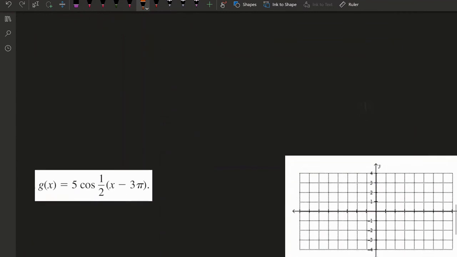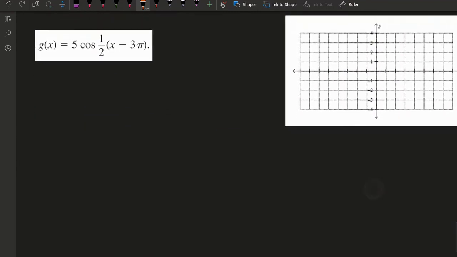Okay, one more. Okay, so 5 cosine 1/2 x minus 3 pi. This one looks a little intimidating, but it's not that bad. So, right here, let's go ahead and say cosine means start at max and then go up. Just kidding, down. You're going to start at the max and then go down.